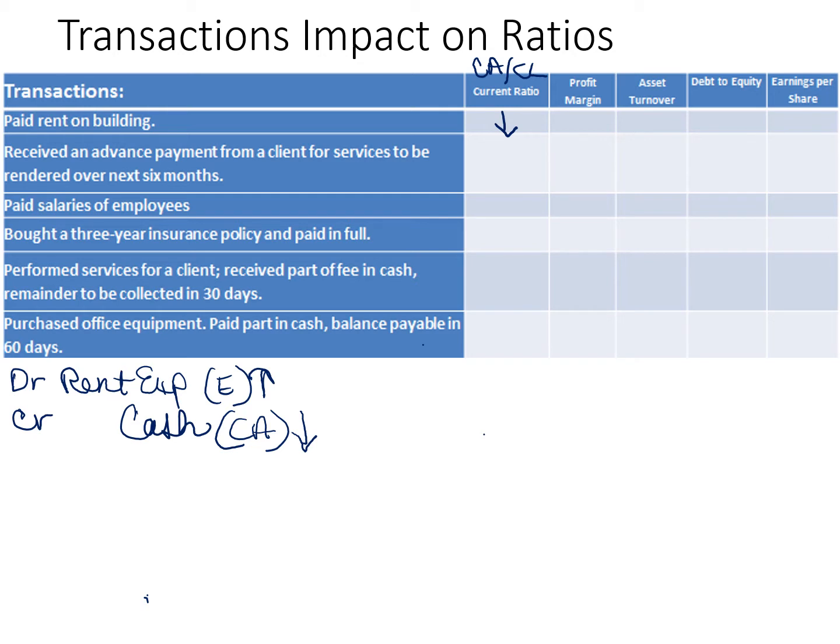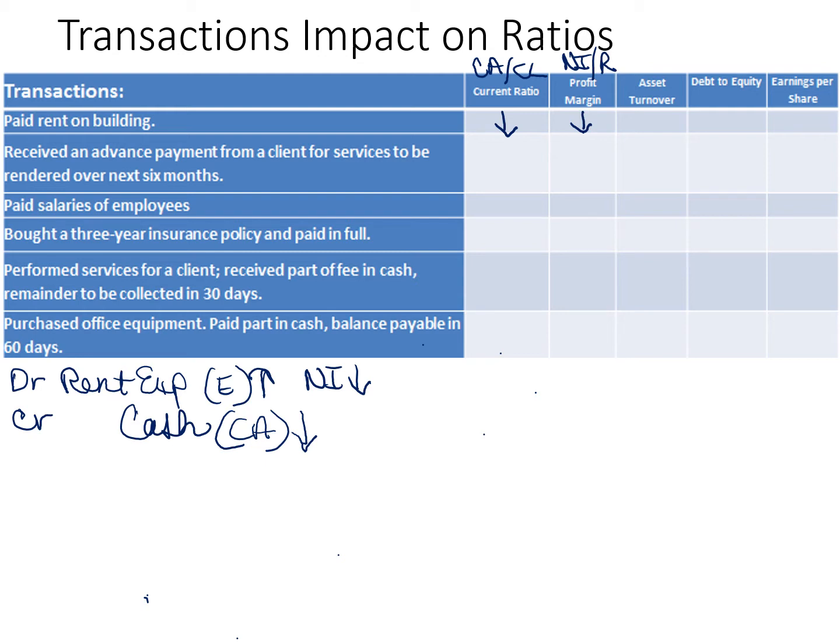The profit margin, though, is different. Our expenses are increasing, which means our net income is decreasing. So our profit margin, which is net income over revenue, has a smaller numerator, which means the profit margin will get smaller.